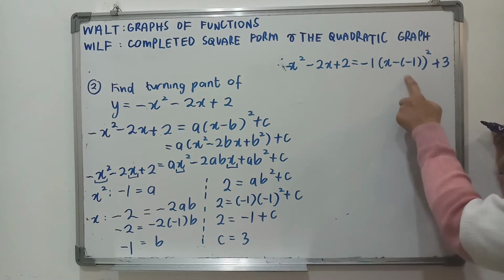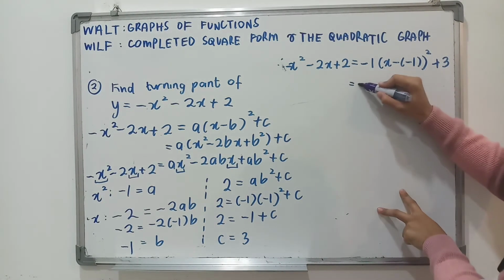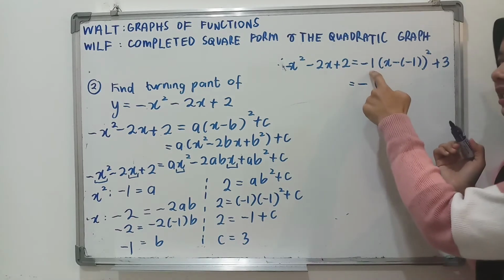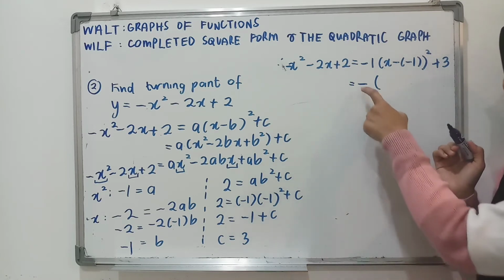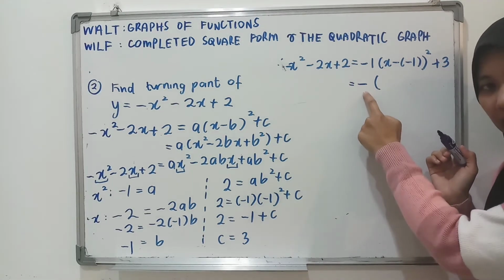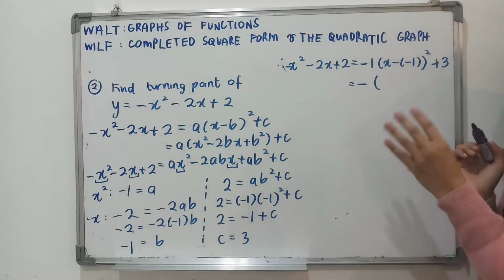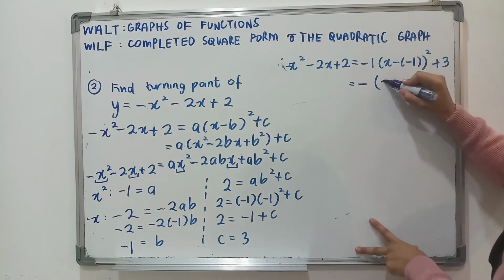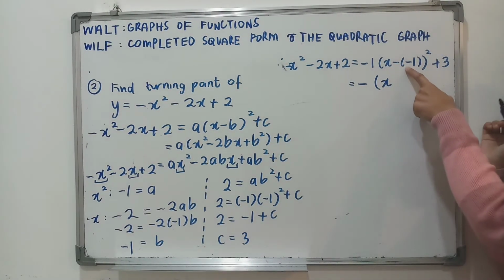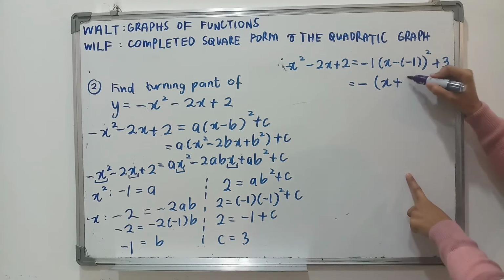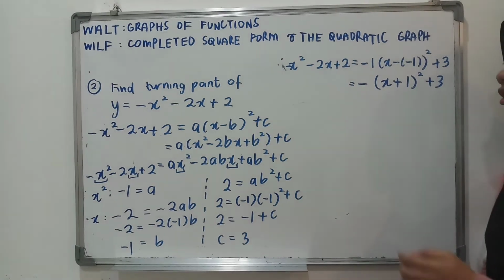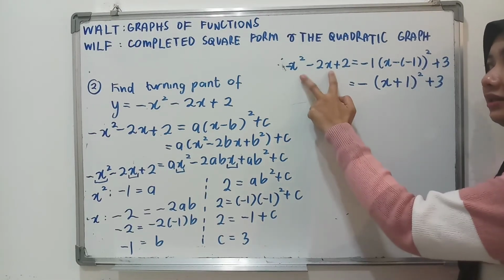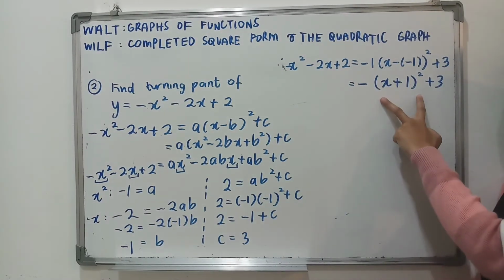That one you can simplify again. I will just ignore my 1, I won't write my 1 here. In maths, 1 we don't write. Just put negative, negative is very important, but 1 you don't have to write. So x minus negative will give you a positive 1, square plus 3. Okay, so now we have written that equation in the completed square form.